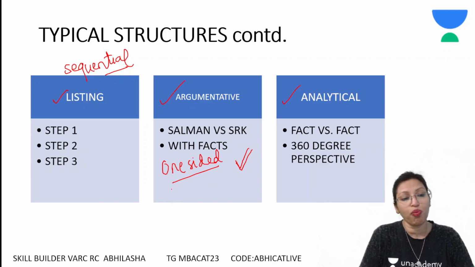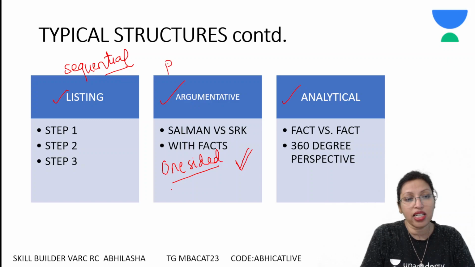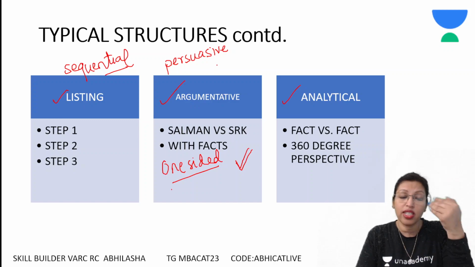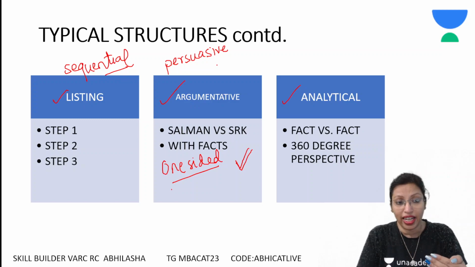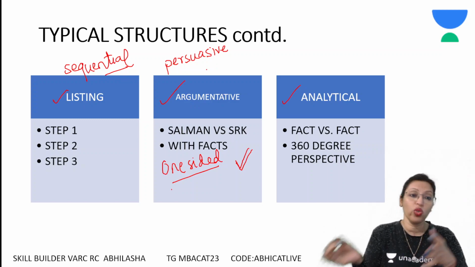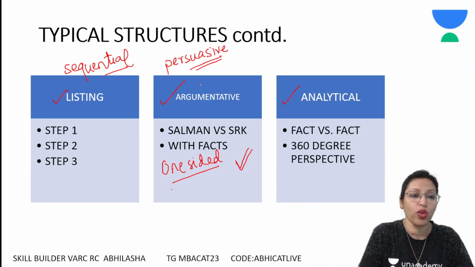It tries to persuade you to do something. So the argumentative essay is also called the persuasive essay. Right? Why? Because it is trying to persuade you that the author's argument is correct. Right? So they will always try to bring you to their side. So the argumentative essay will always be very persuasive.